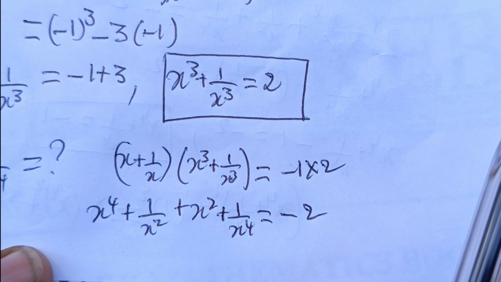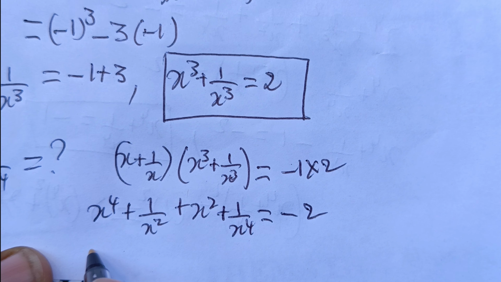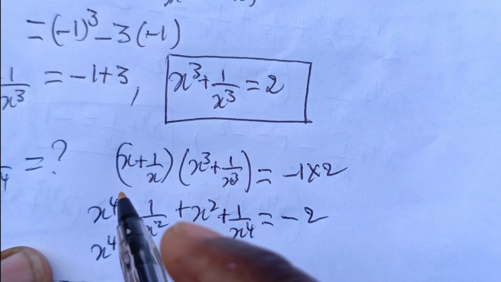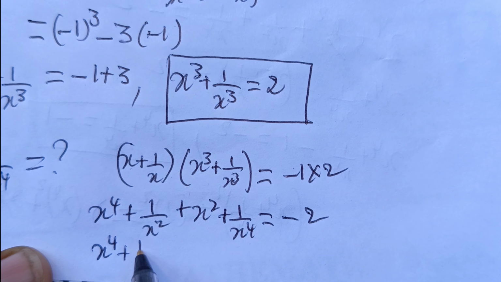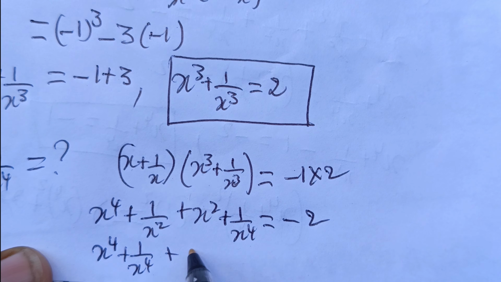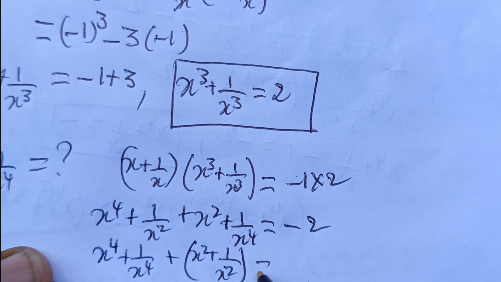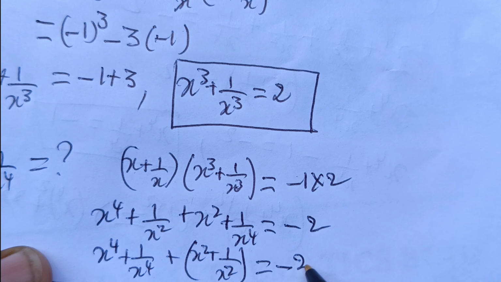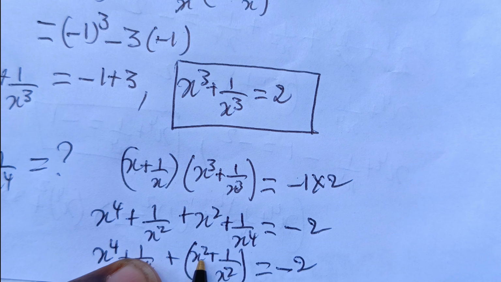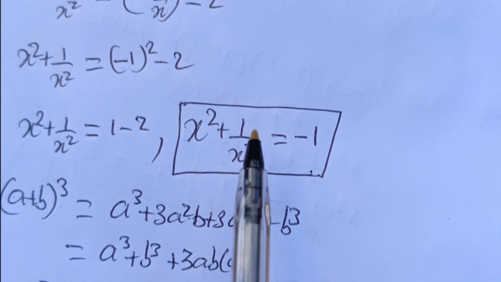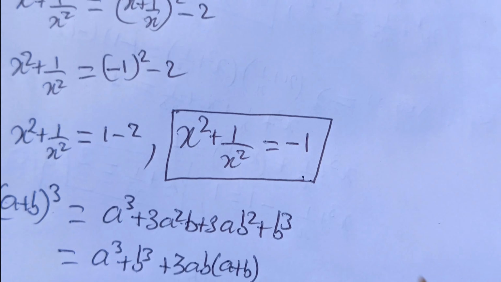Since this is minus 2, what will happen if I collect terms which are reciprocals, one the reciprocal of the other? x to the power 4 plus 1 over x to the 4 plus x squared plus 1 over x squared. This is minus 2. You remember that x squared plus its reciprocal was seen to be minus 1. As you see it here, this is minus 1.